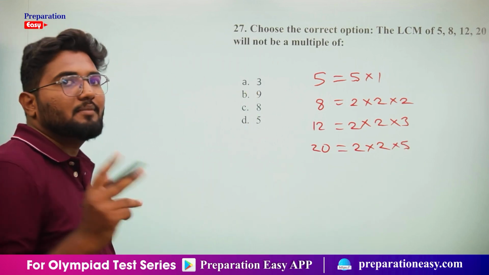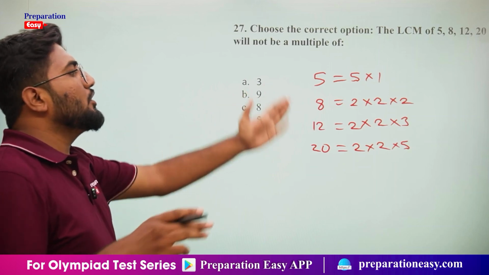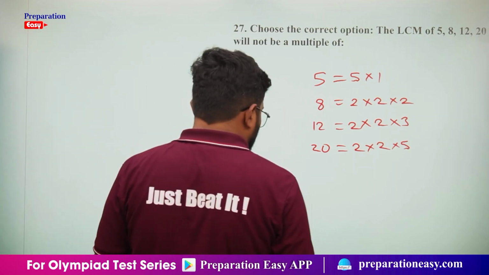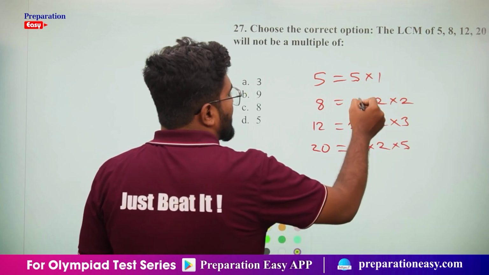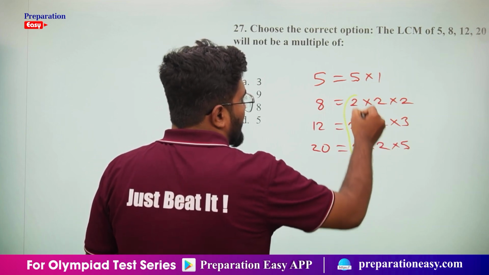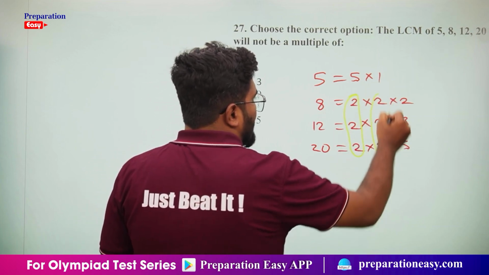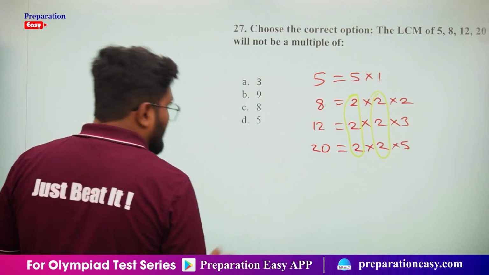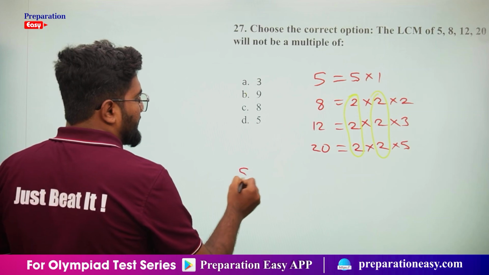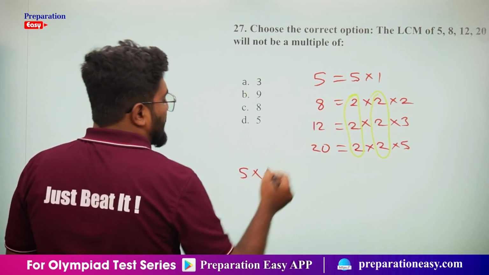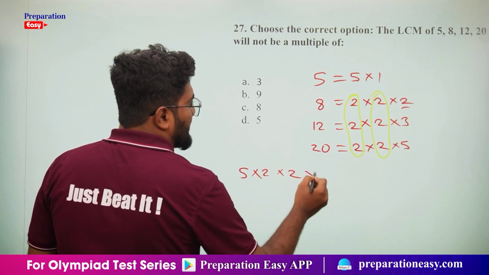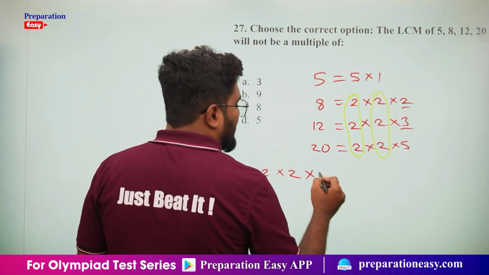Okay, what is LCM? LCM is finding the common numbers first. What are the common numbers here? 2 is common. So the LCM will become 5 multiplied by 2 multiplied by the remaining 2, then multiplied by the remaining 3.